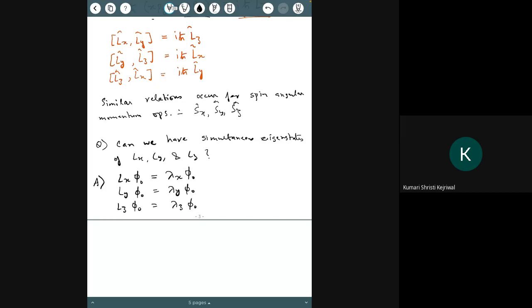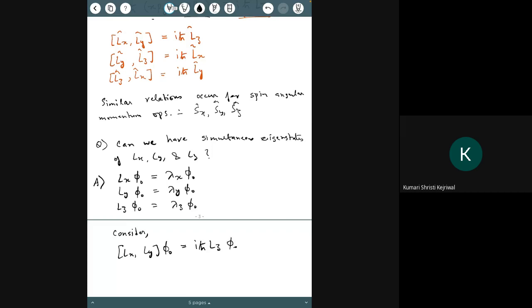So we know these commutation relations. Say, or consider, the action of the commutator on phi 0. Okay.